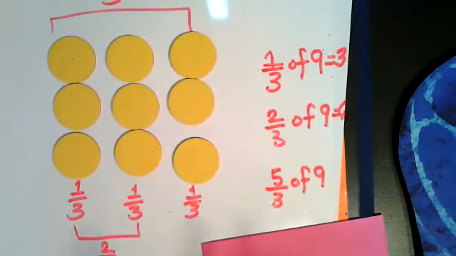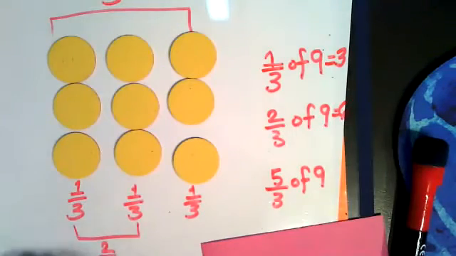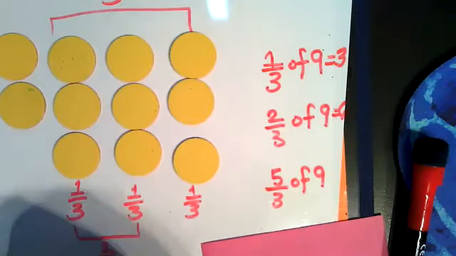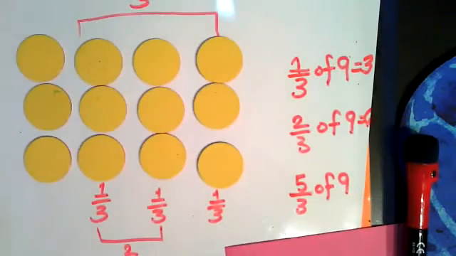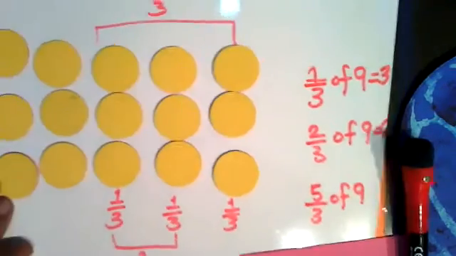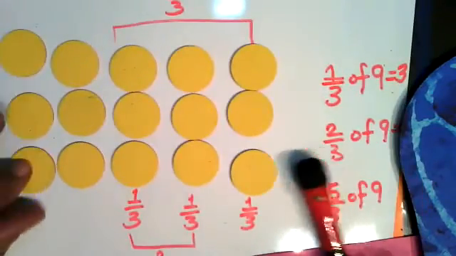But my last one is 5/3. That means I have 5 groups of 1/3. But right now I only have 3 groups. So that tells me I need to add some additional ones. If you notice, that's 4 groups of 1/3. Now I have 5 groups of 1/3.